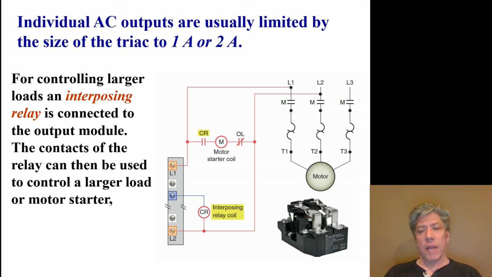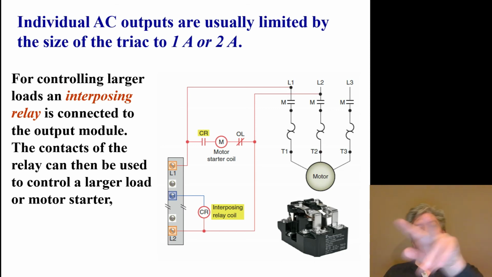And so, a lot of times, if you have a 120 volt AC output from a Triac, it's used for a small load, or it's used to actually drive what's called an interposing relay, a relay that actually does the job of connecting power to the motor device. So you'll notice L1 and L2 are legs that, it's not shown exactly how, but you can see L1, L2, L3. That's where power is actually coming in from the power companies.